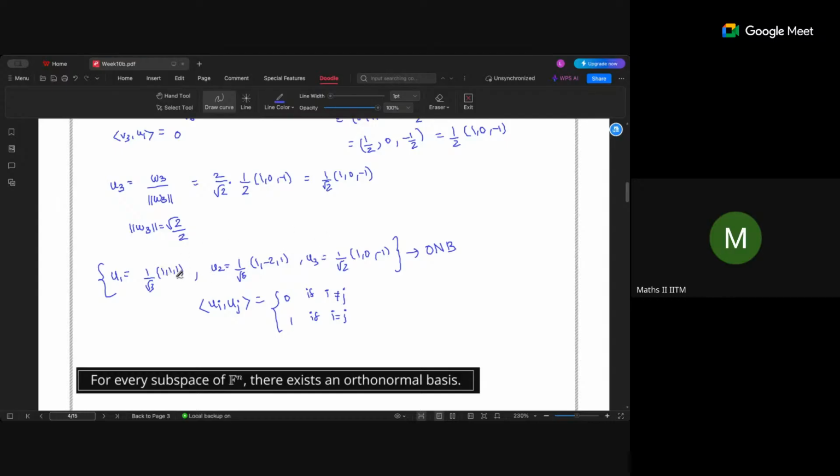Similarly 1, 0 minus 1, 0. Here also 1 minus 1, 0. So you can obviously see that it is orthonormal, and also you can check the norms. The norms must be 1. So applying the Gram-Schmidt process, is it clear for everyone? Yes, ma'am. Clear, ma'am. Good.